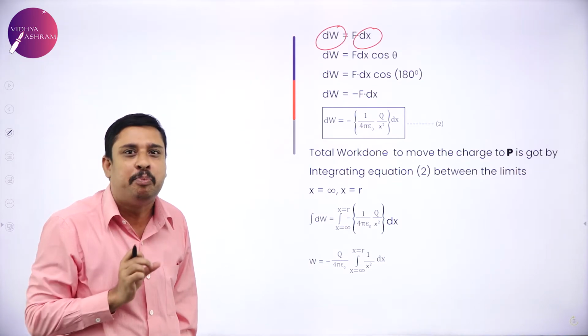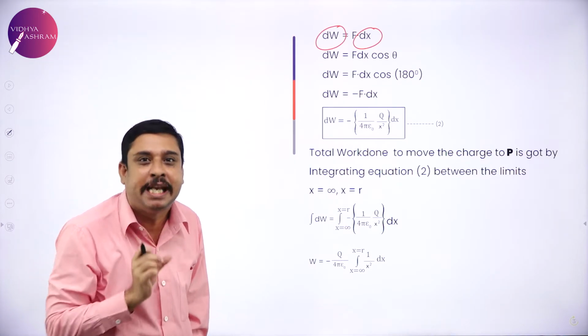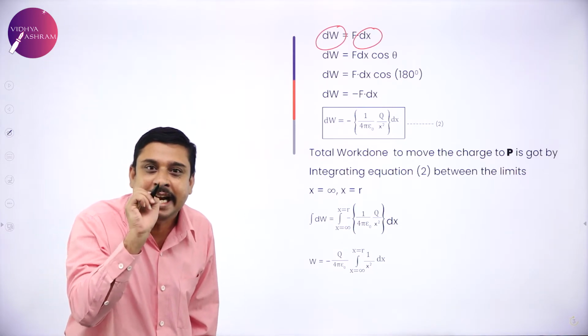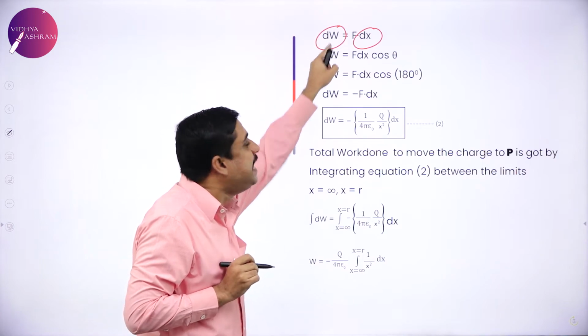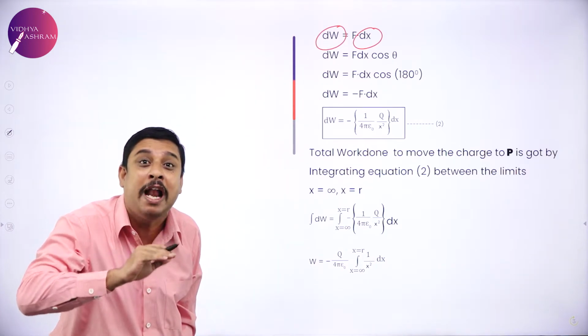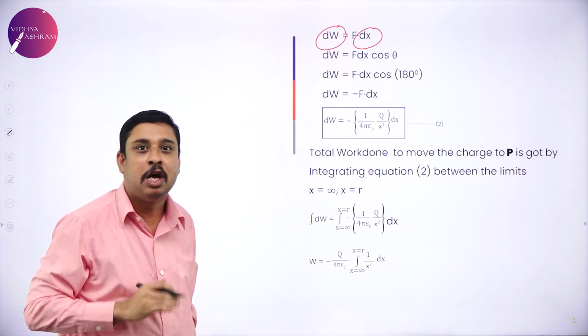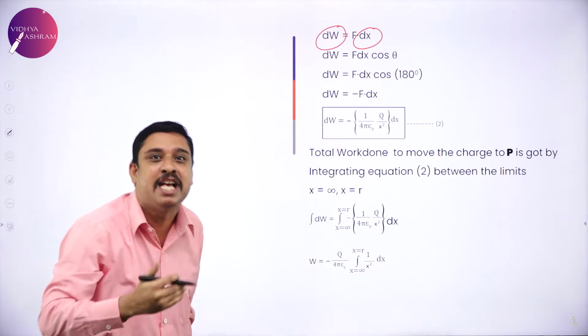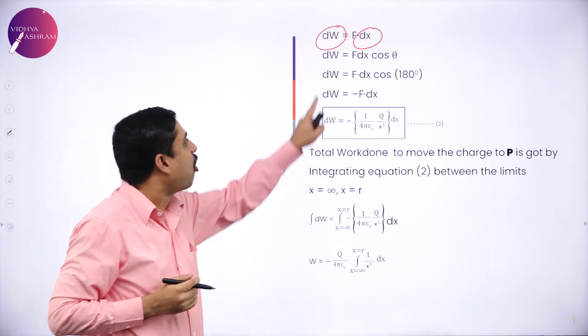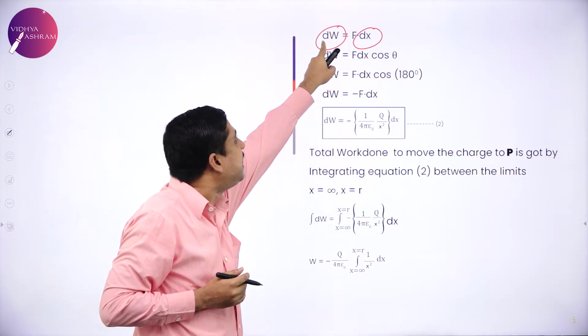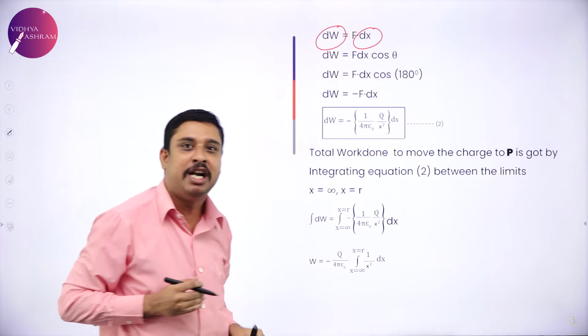Why dW? Differential W. When you write that small d, this always indicates small parameters, small variations, small changes. They are always represented by this differential d.